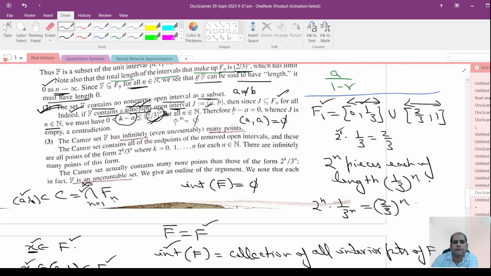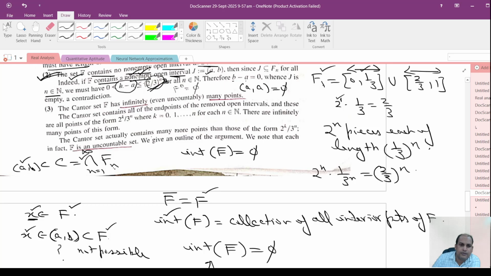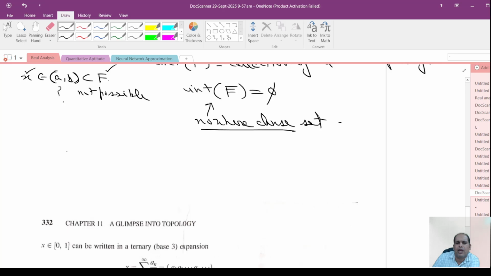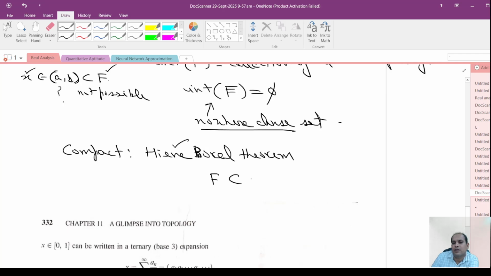Now, the next property. Also, the Cantor set is compact. For this, recall the statement of the Heine-Borel theorem, that a closed and bounded subset of R is compact. The Cantor set F is a subset of [0, 1]. It has an upper bound as well as a lower bound.